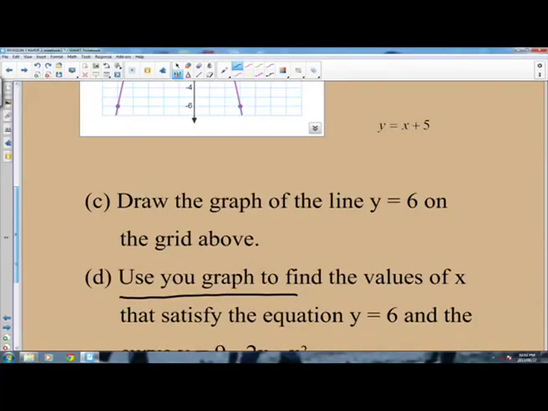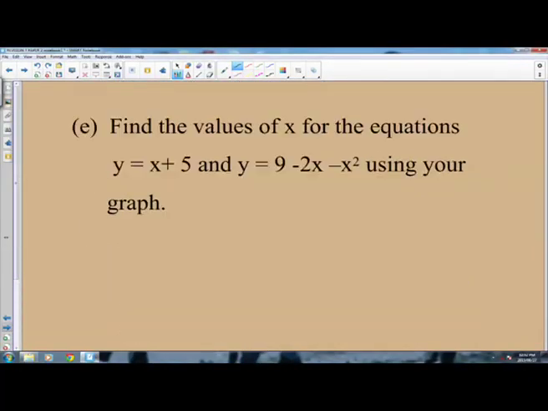We are still revising mathematics paper 2, which is a structured paper. And we are working on a question based on a graph. And the next question says, find the values of x for the equation y equals x plus 5 and y equals 9 minus 2x minus x squared using your graph.